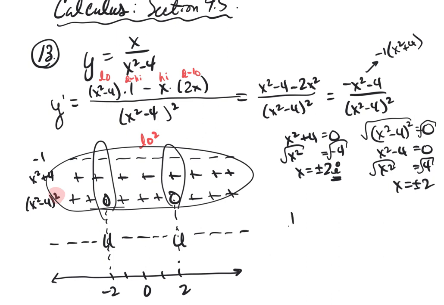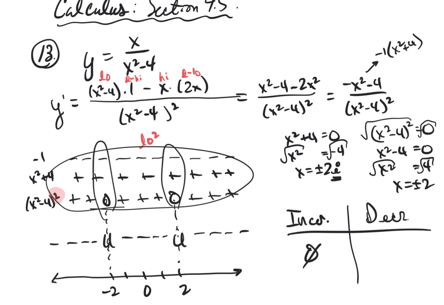So therefore you can see then where we're going to have increasing and decreasing intervals. Increasing, we have none because there's no positive results on our sign analysis. Decreasing essentially everywhere. So from negative infinity to negative 2, from negative 2 to positive 2, and from positive 2 to positive infinity.